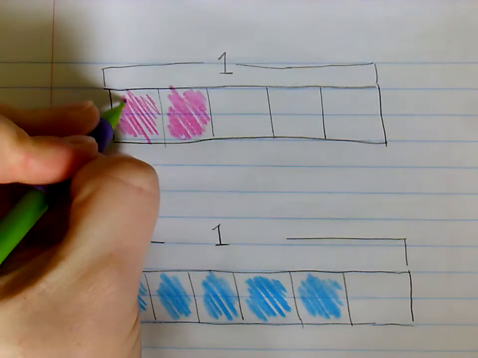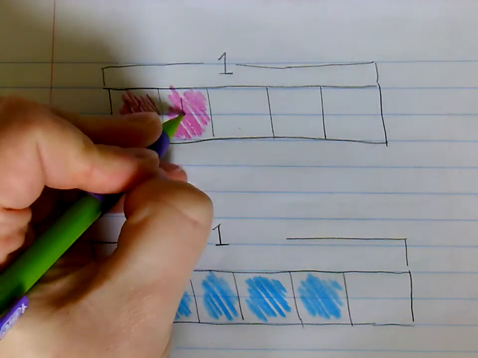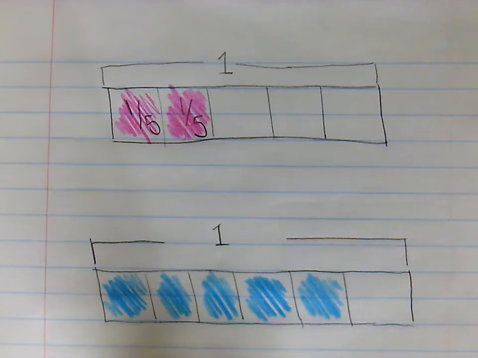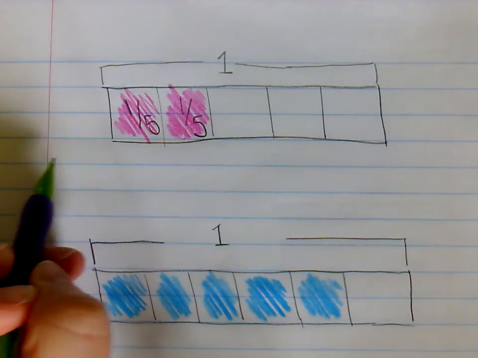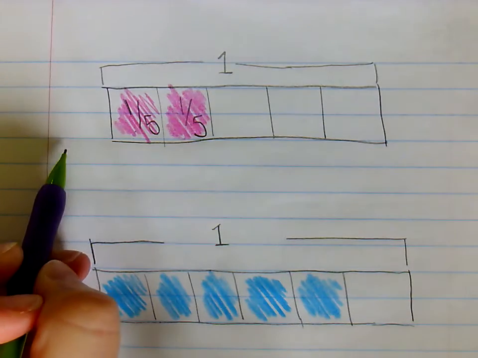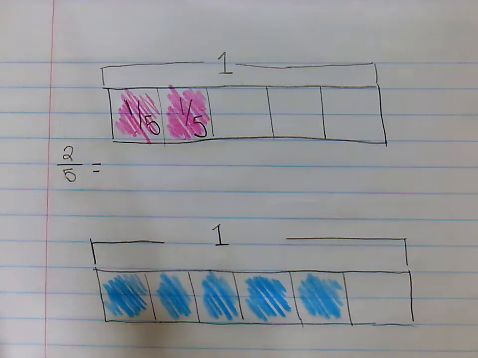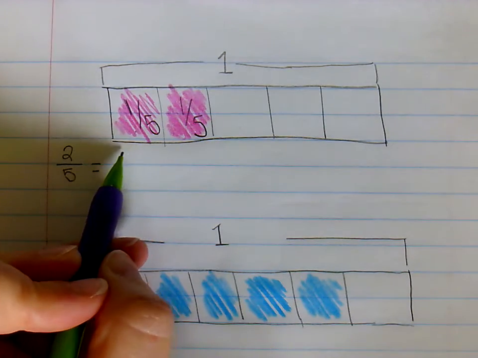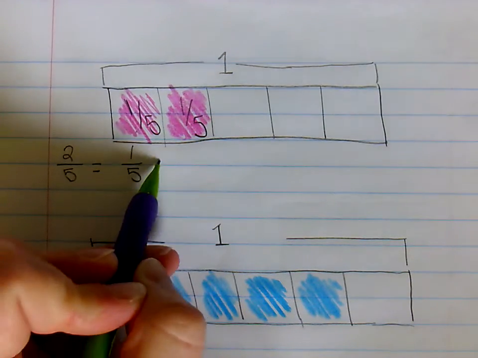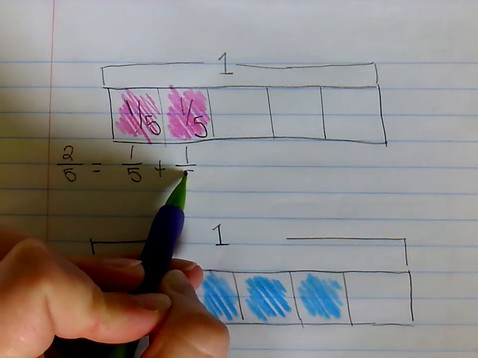So I don't mess up, I'm going to put my unit fractions in the shaded first. I have a total of 2 out of 5 that are shaded, and the unit fractions are 1/5 plus 1/5.